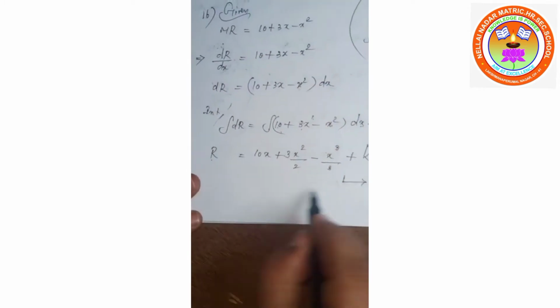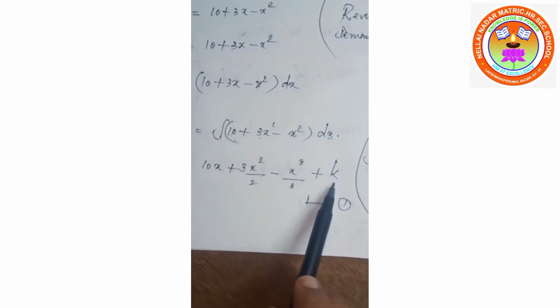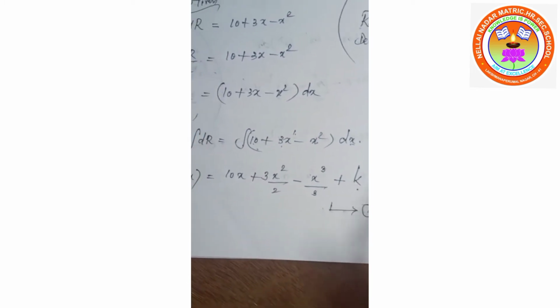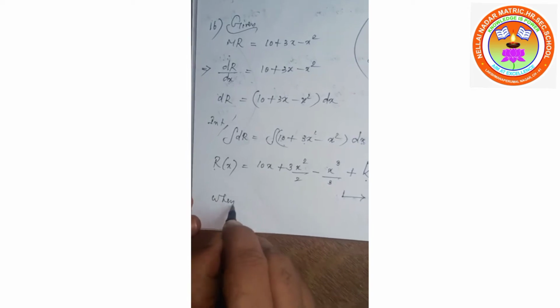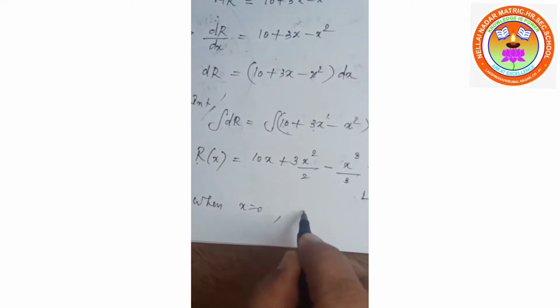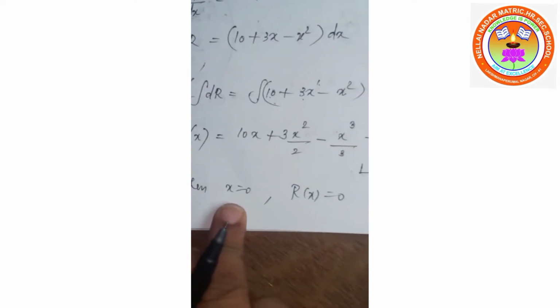Revenue in terms of x, so you can write r of x. First you have to find out the value of k. No condition is given for finding the value of k. So consider r of x equals 0 when x equals 0.